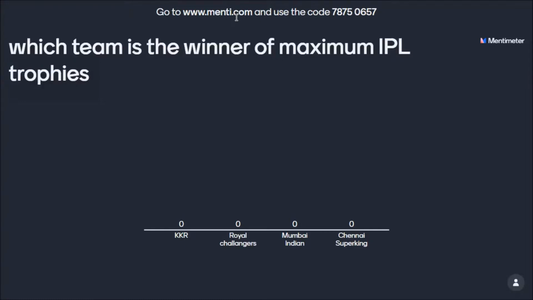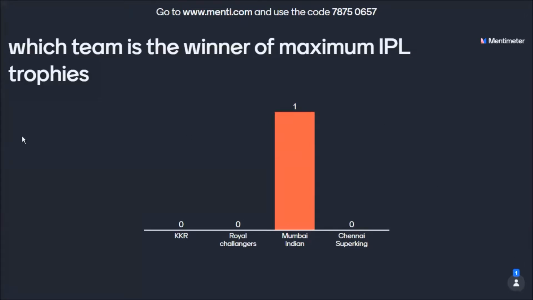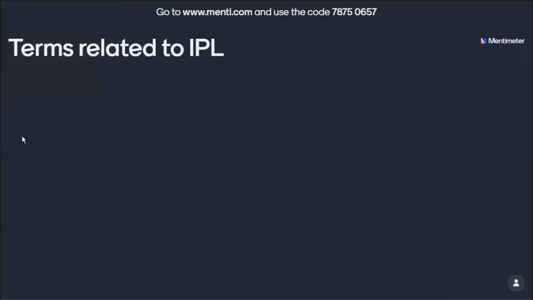I have responded once. You can see the moment you respond, there are going to be options, and you can change the slide for the participants. You can go to the next slide so that the next question will be visible to the participants. And now terms related to IPL, we can say Mumbai.